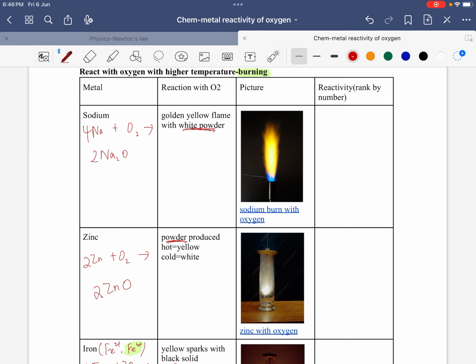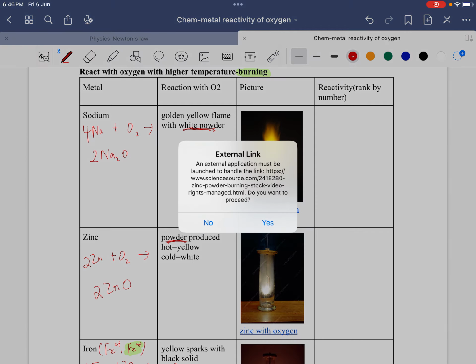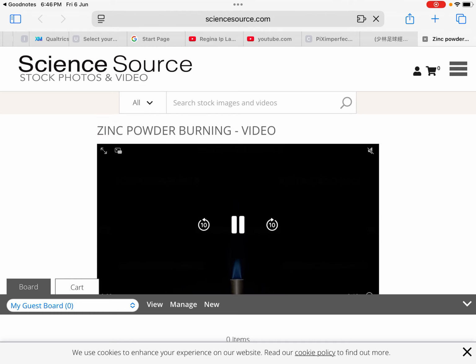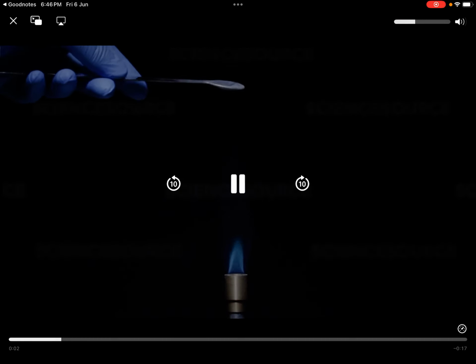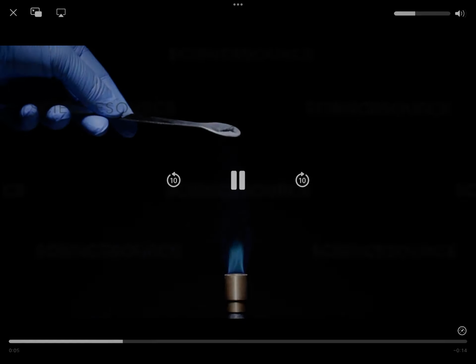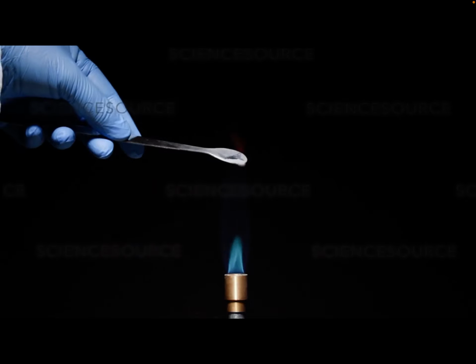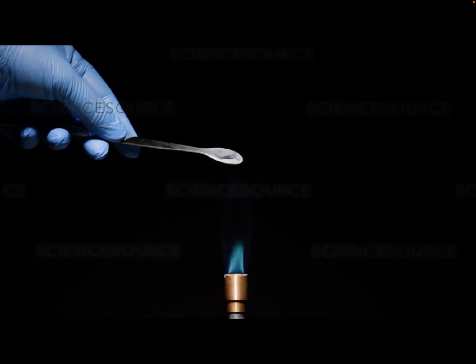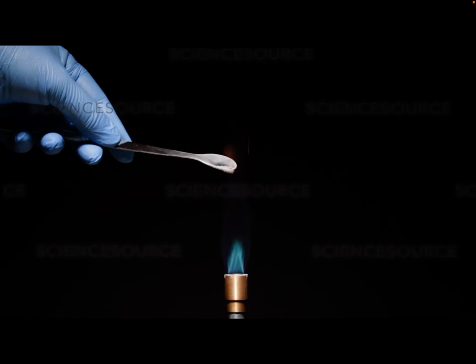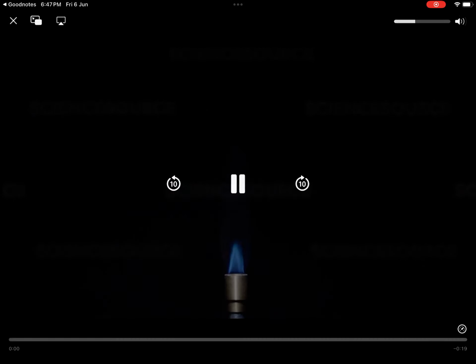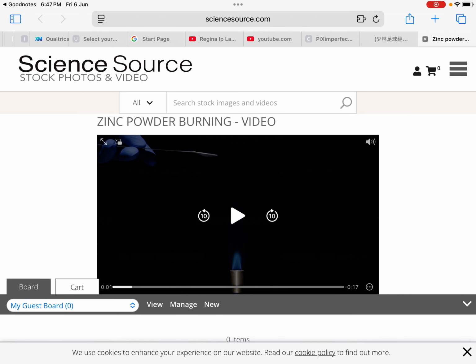Now let's see how zinc will react when burning. Yeah, you can see the intense white light. Sometimes there will be some sparks. Okay, so that is the reaction.